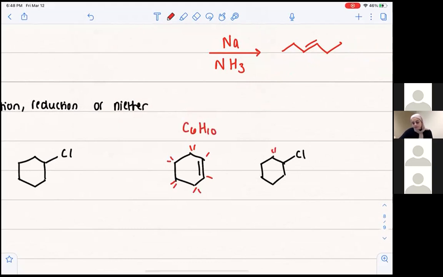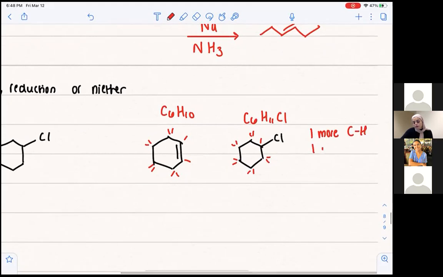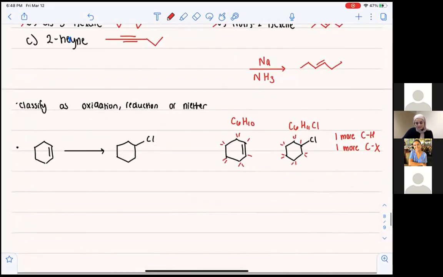Over here we have 2, 1, 2, 2, 2, 2, and then we have C6H11Cl. We have one more CH and one more CX, making this what type of reaction?